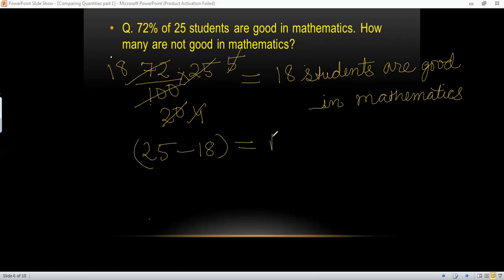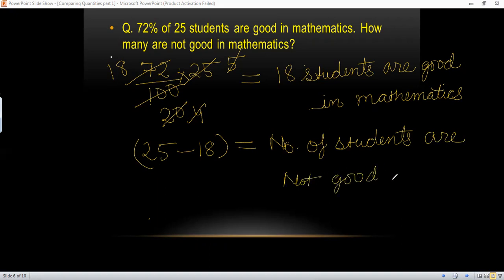These are the number of students who are not good in mathematics.